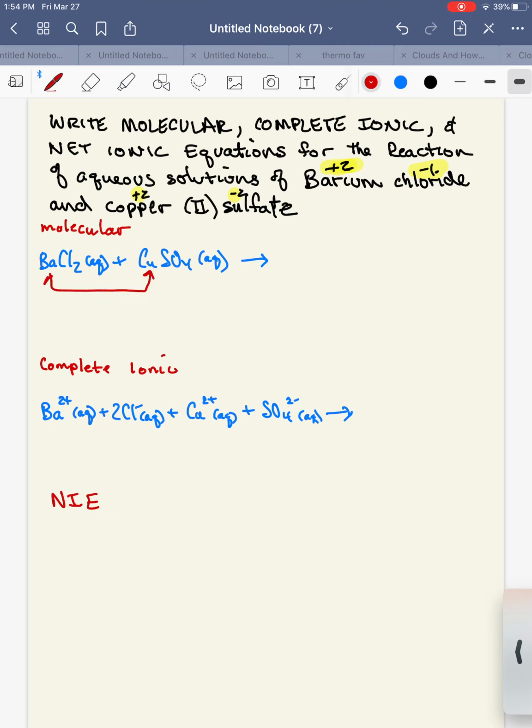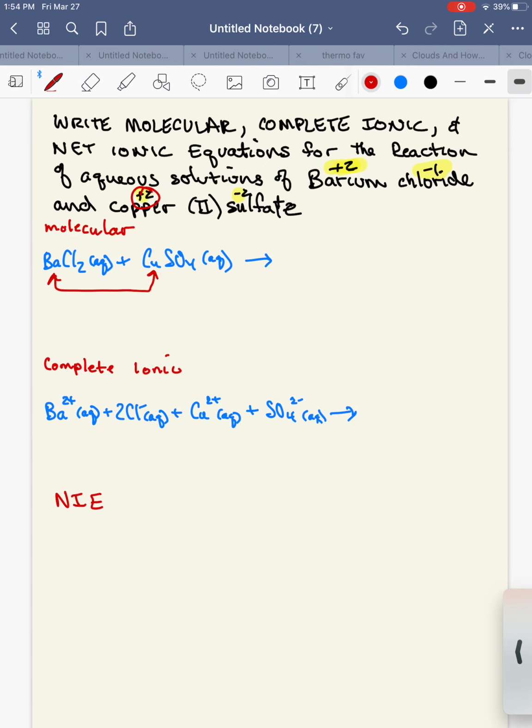So these guys are going to switch places. It works out nicely since both were +2, that the formulas are going to be very similar to the other side. And of course, you'll need to consult your solubility rules to find out that the barium sulfate is the precipitate.